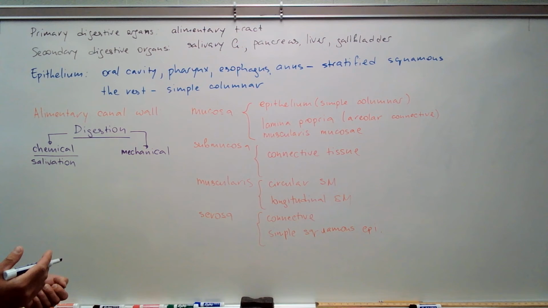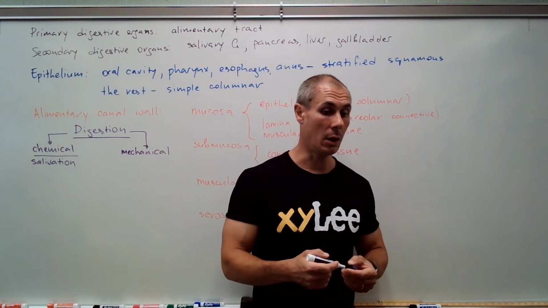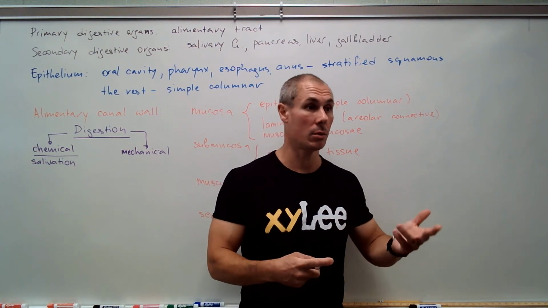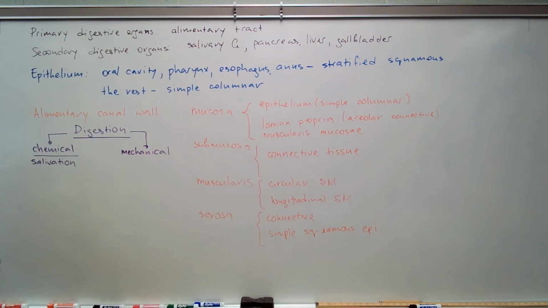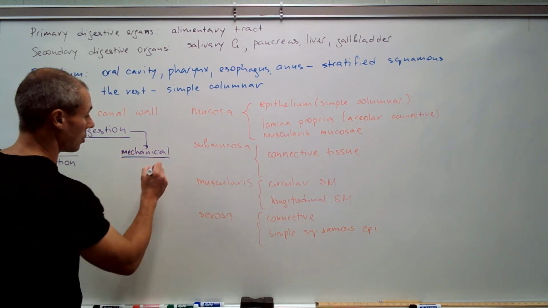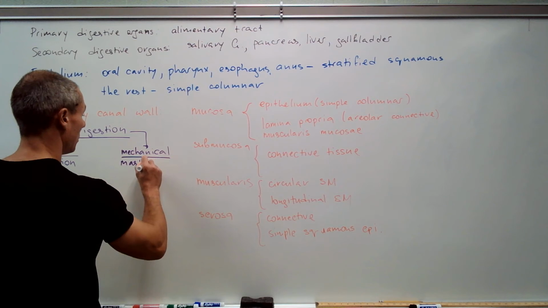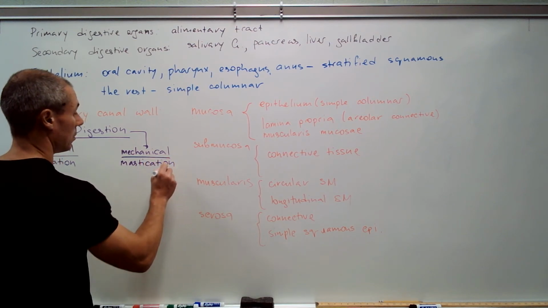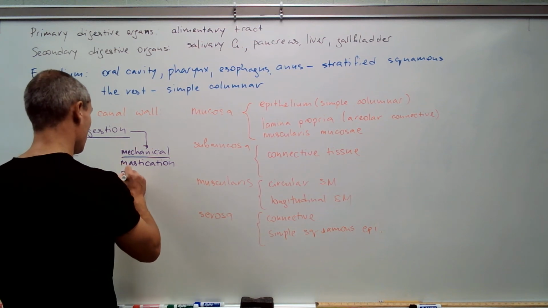There's not really a common term for all the digestive juices produced in the stomach or in the intestines, so just garden variety chemical digestion. Mechanical digestion will be things like mastication and segmentation.